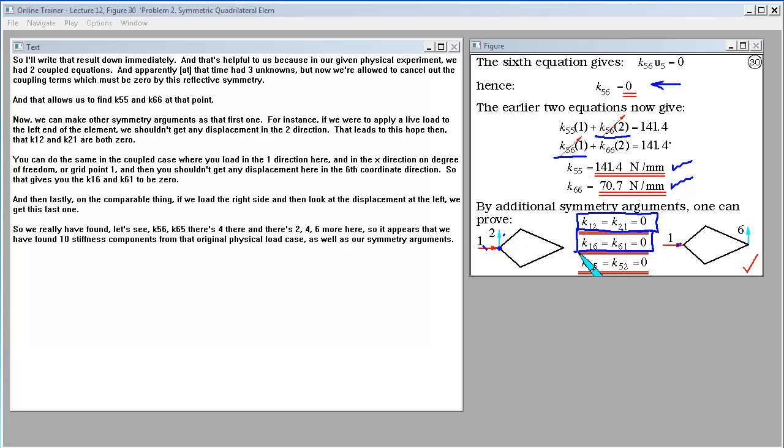And then lastly, on the comparable thing, if we load the right side and then look at the displacement at the left, we get this last one. So we really have found K56, K65, there's 4 there, and there's 2, 4, 6 more here. So it appears that we have found 10 stiffness components from that original physical load case, as well as our symmetry arguments.